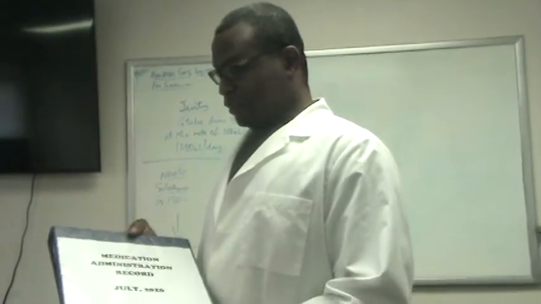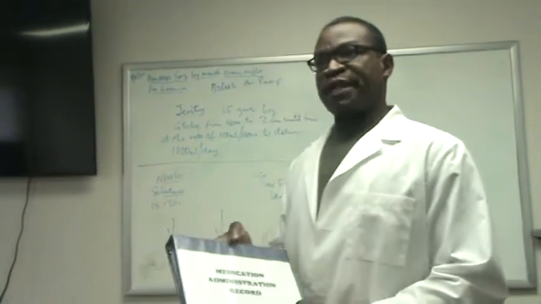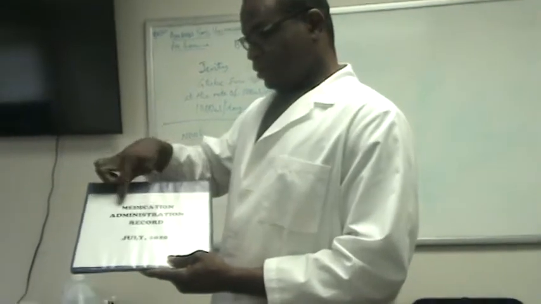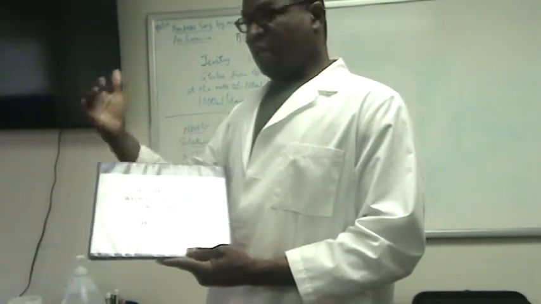If you saw in the video, I talked about MAR, medication administration record. That's your guide as to everything you're going to do. Usually you get a binder like this that will say medication administration record for July or for August. Every month will have its own separate record.